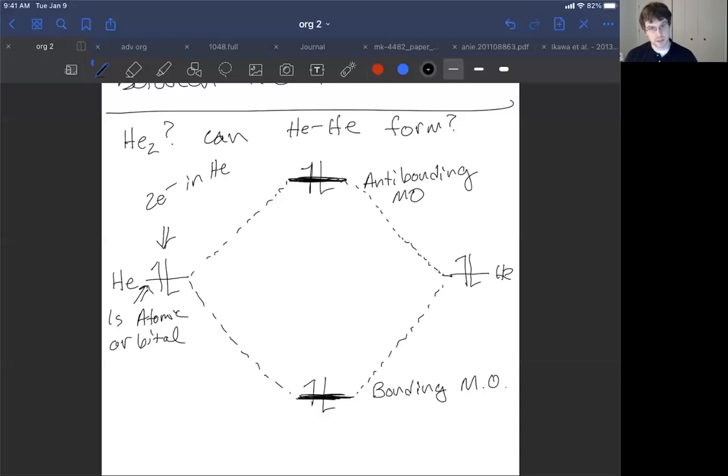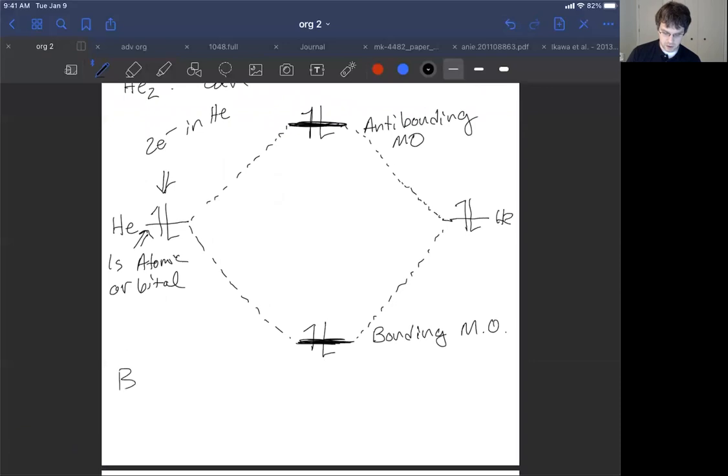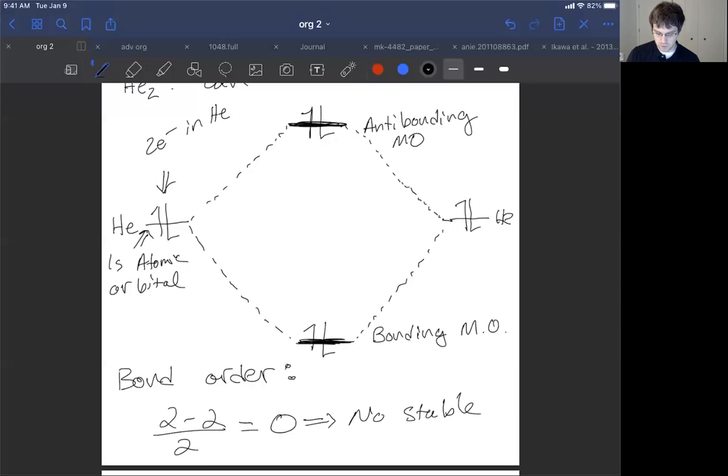So we have 2 electrons in the bonding orbital, encouraging bonding, and we have 2 electrons in the antibonding orbital, which we'll see discourage bonding. So now the bond order is 2 minus 2 divided by 2. That's equal to 0. That's saying that no stable covalent bonds will form.